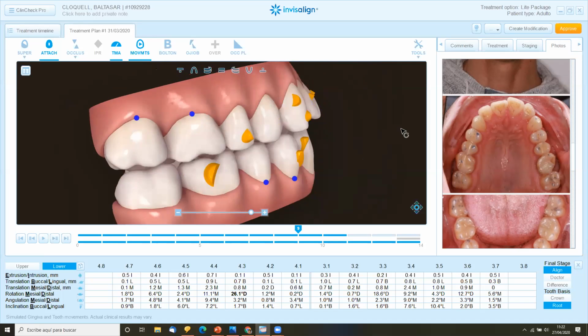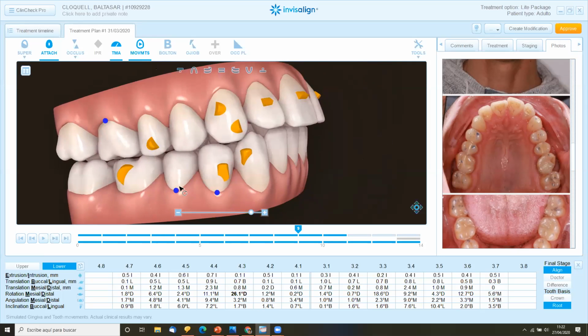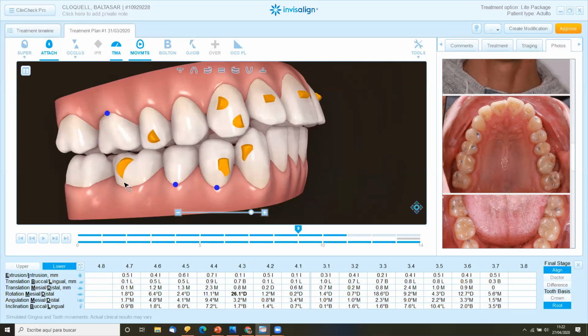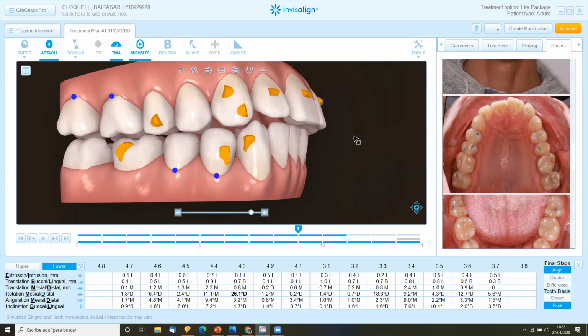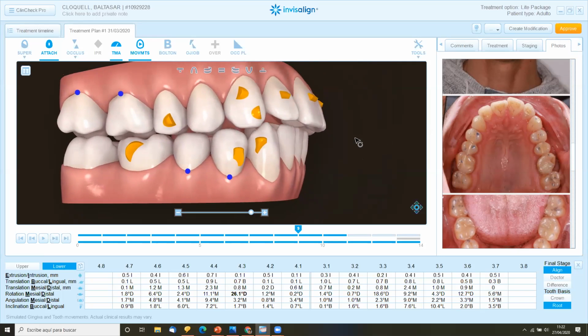Okay, so more movements. We have, again, intrusion here and intrusion here. Okay, for me, intrusion less than 1 millimeter is not a difficult movement, but the thing is that in this patient, we have already decided that we are not going to intrude posterior segments, okay? Why not?